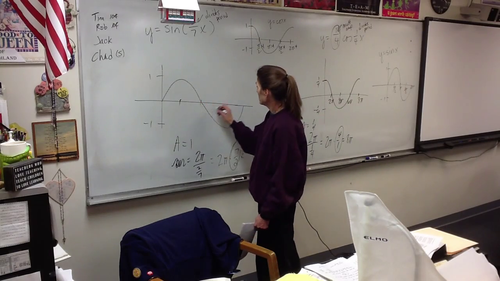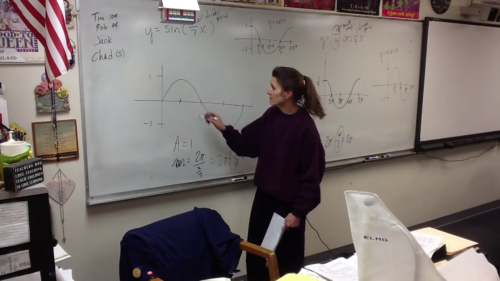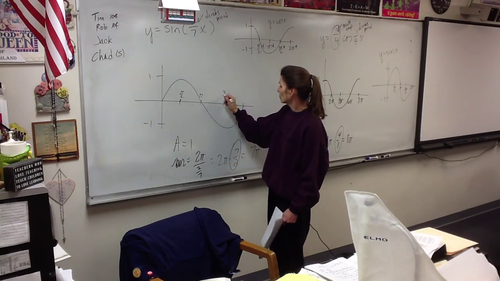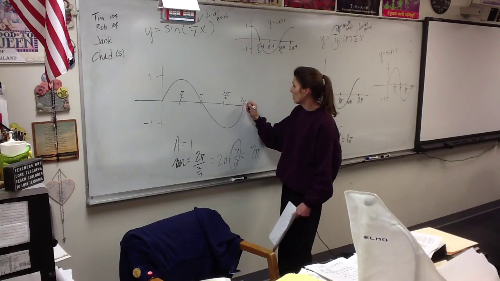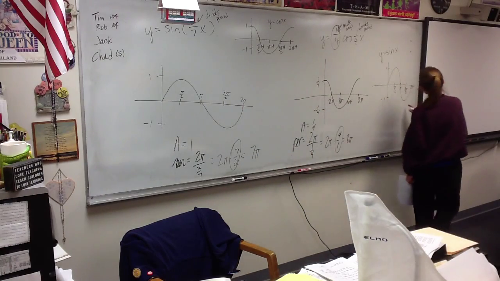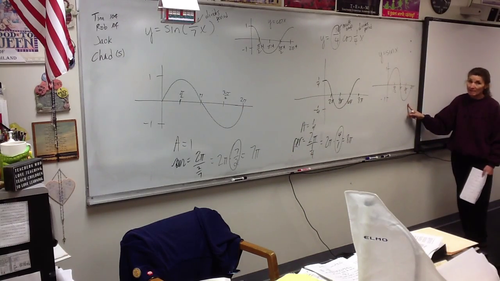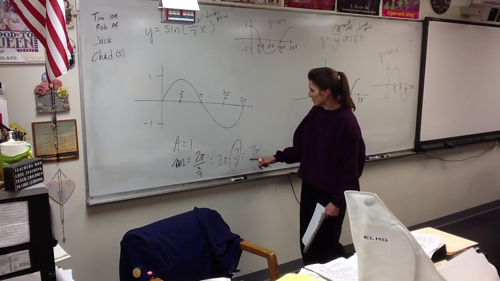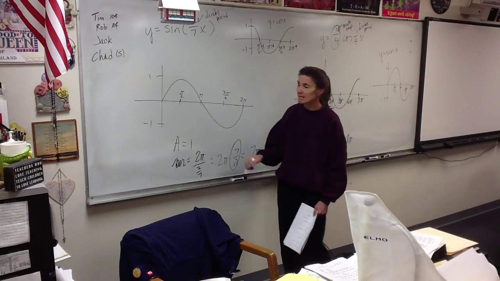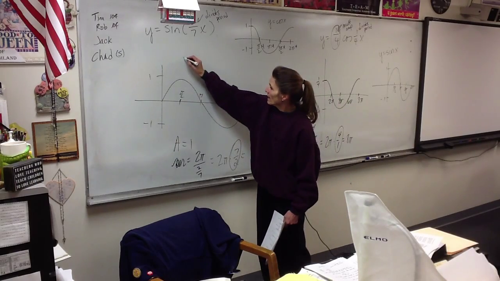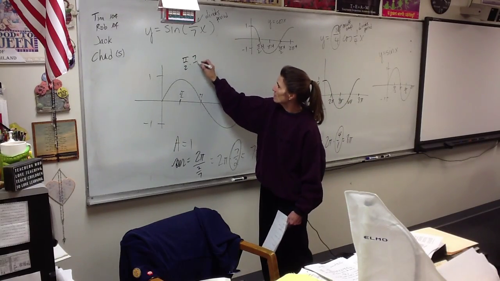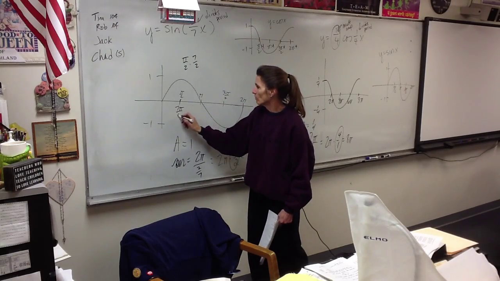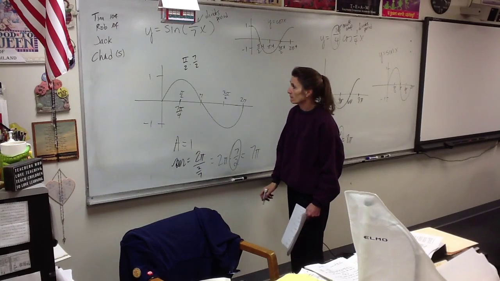So keep in mind what they are originally. They're pi over 2, pi, 3 pi over 2, and 2 pi. Those are the standard labels for the sine and cosine. But each of these numbers is going to get timesed by 7 halves. So when I take pi over 2 times 7 halves, I'm going to get 7 pi over 4.